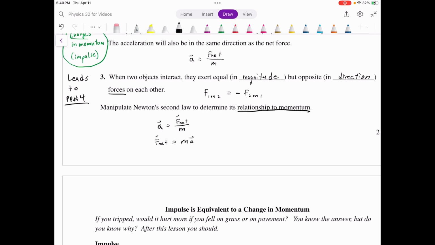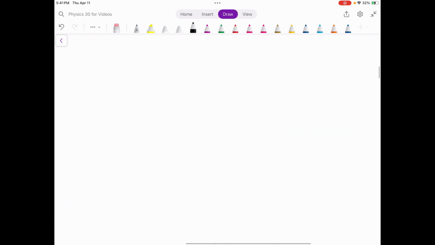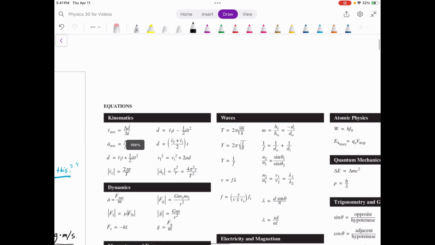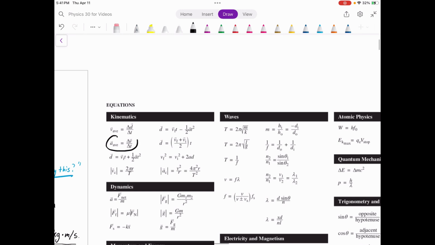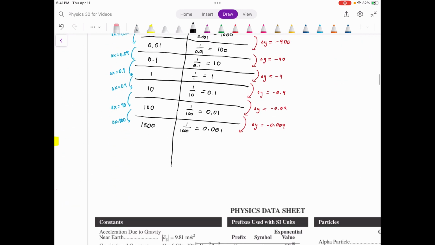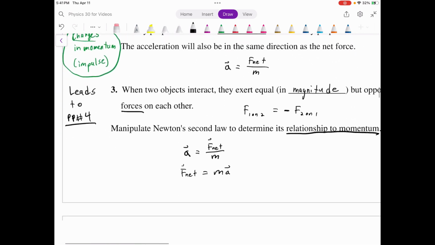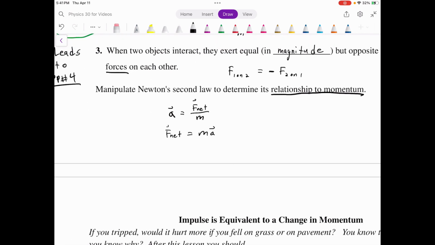Now we're trying to see its relationship to momentum. We don't have velocity in this equation. We do have mass, and we know momentum is mass times velocity. So could we make a substitution here to make velocity show up? Well, if we check your formula sheet, acceleration is just the rate at which velocity changes. In other words, it's the change in velocity divided by how much time went by, how much its velocity changed divided by how long it took to make that change.